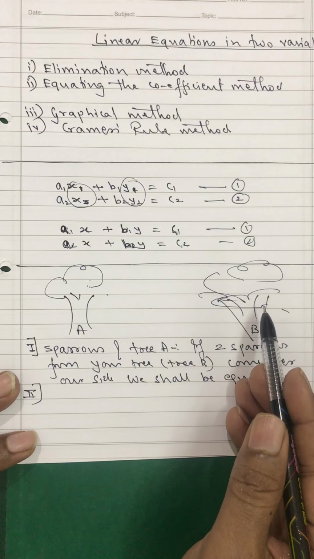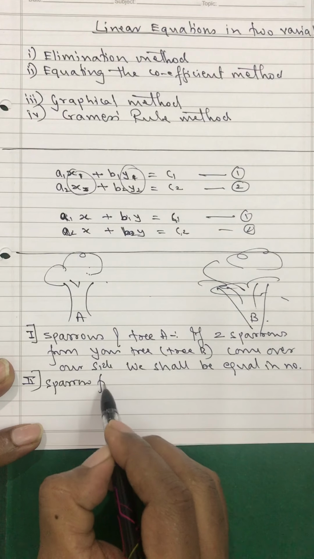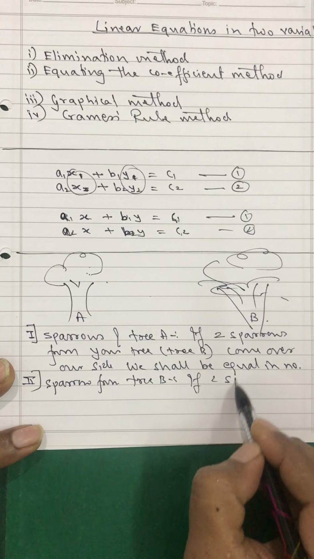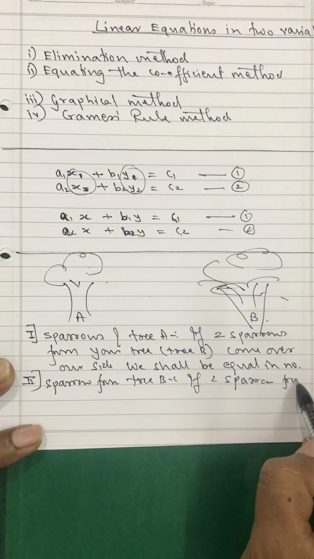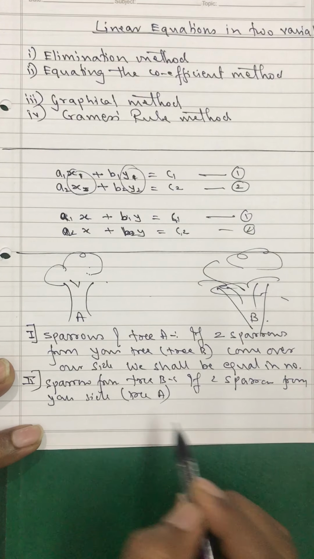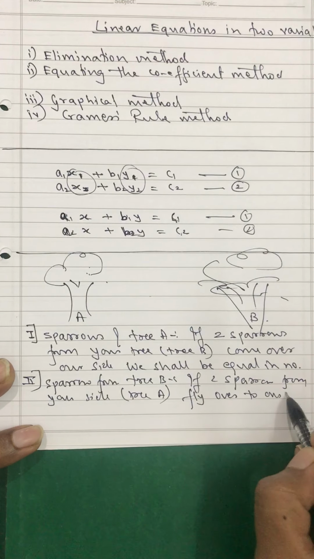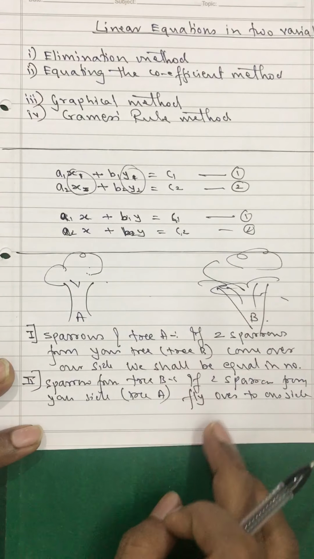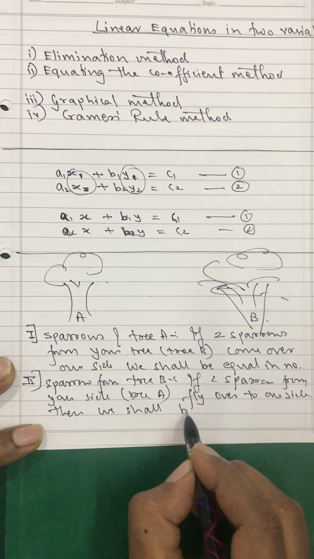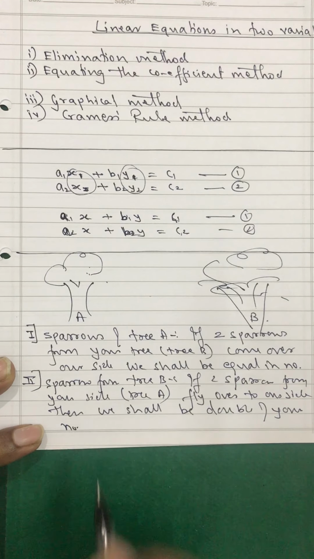Then what happens to this? The sparrow from tree B replies, if two sparrows from your side, means tree A, fly over to our side, means two sparrows from here come to here, then we shall be double of your number.